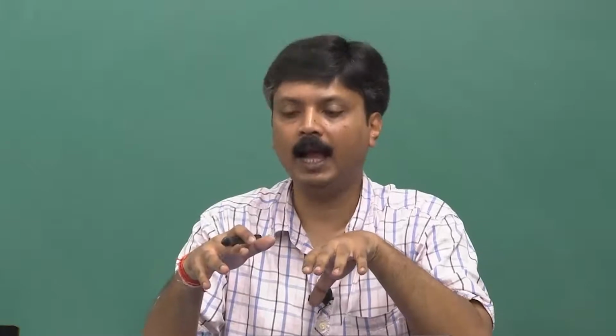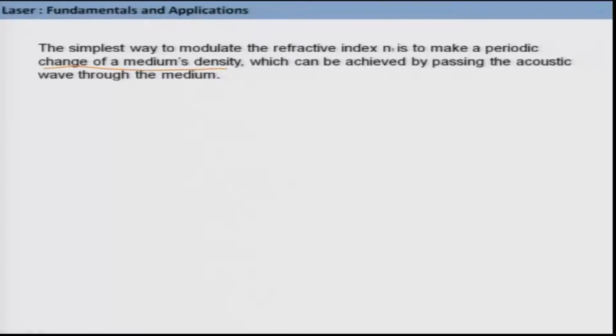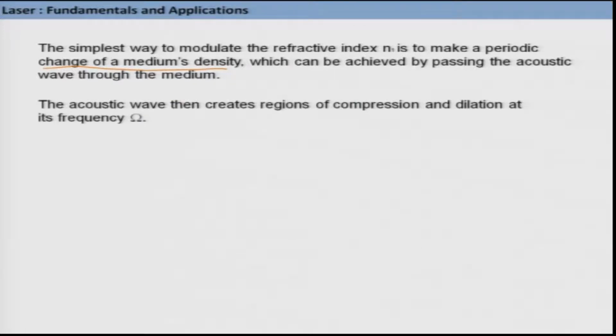Now, again, if we need to modulate the frequency, what we need to do? We need to modulate the refractive index, and if I can modulate the refractive index, what happens? Now, let us connect the acoustic device and this refractive index modulation. Okay. So, it is true that acoustic modulator can modulate the refractive index of the medium.